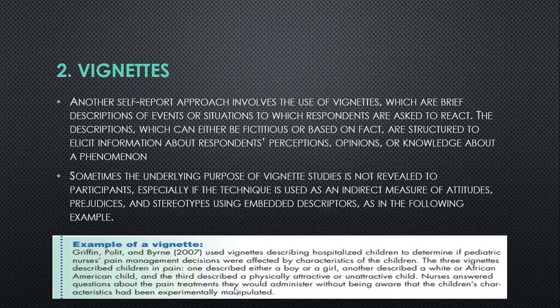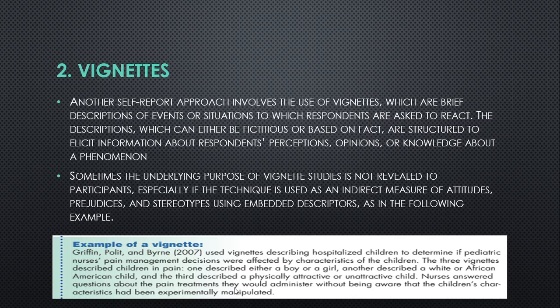An example is Griffin, Polit, and Byrne using vignettes describing hospitalized children to determine if pediatric nurses' pain management decisions can be affected by the characteristics of the children. The three vignettes describe children in pain.